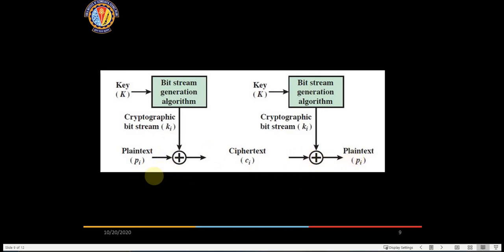So unless somebody knows the random series which I am giving at this point and this point, nobody will be able to decrypt my ciphered data. Cipher means you are encrypting it. Is this part understood?